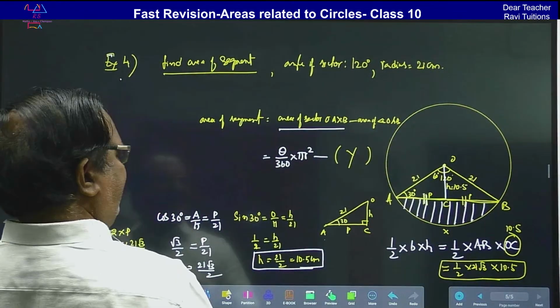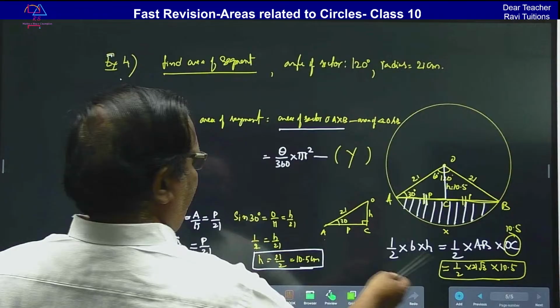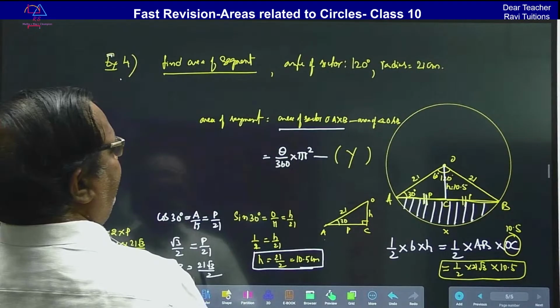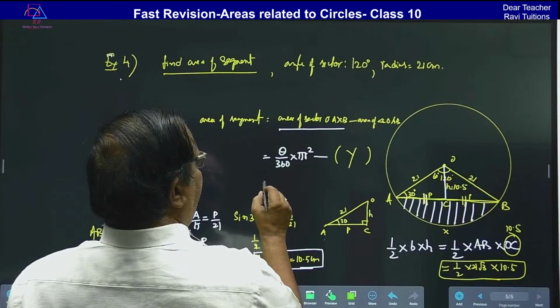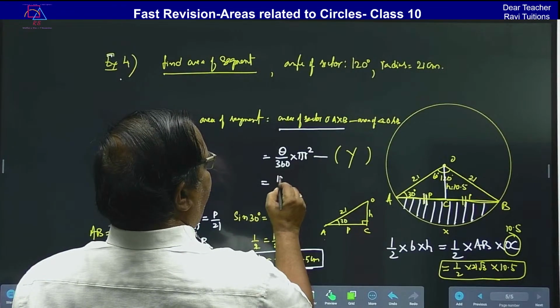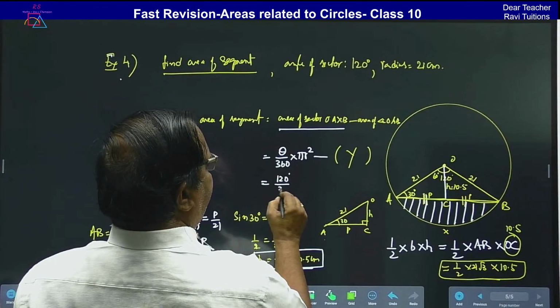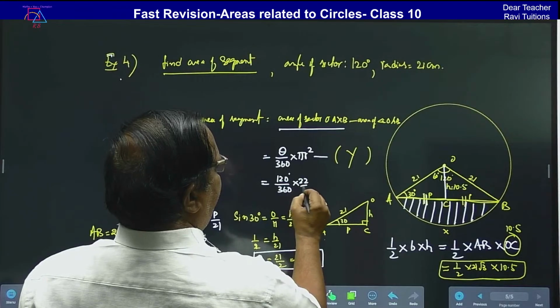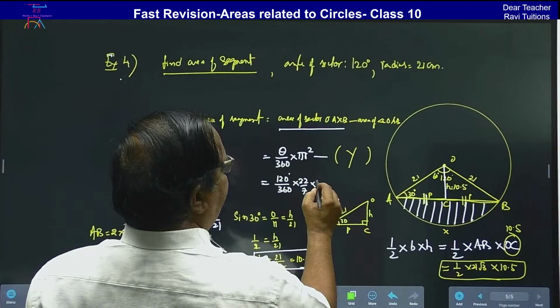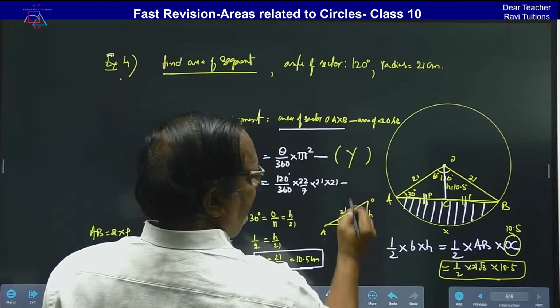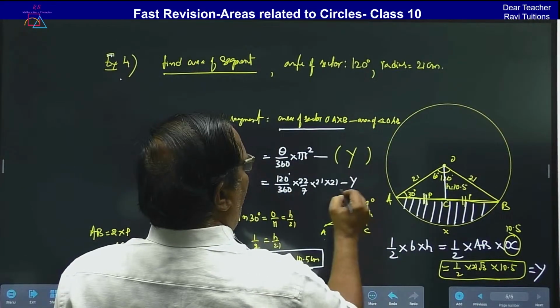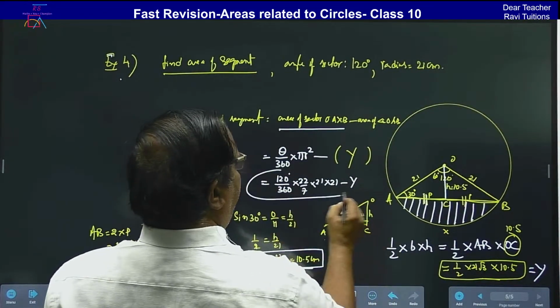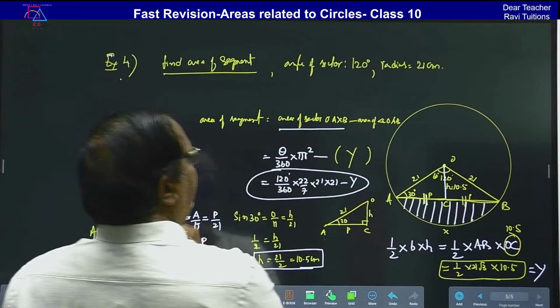I will rub this entire thing and put it here only. Theta is 120 by 360 into 22 by 7 into radius, which is 21 into 21. This entire thing is y. So, this will be the area of the segment.